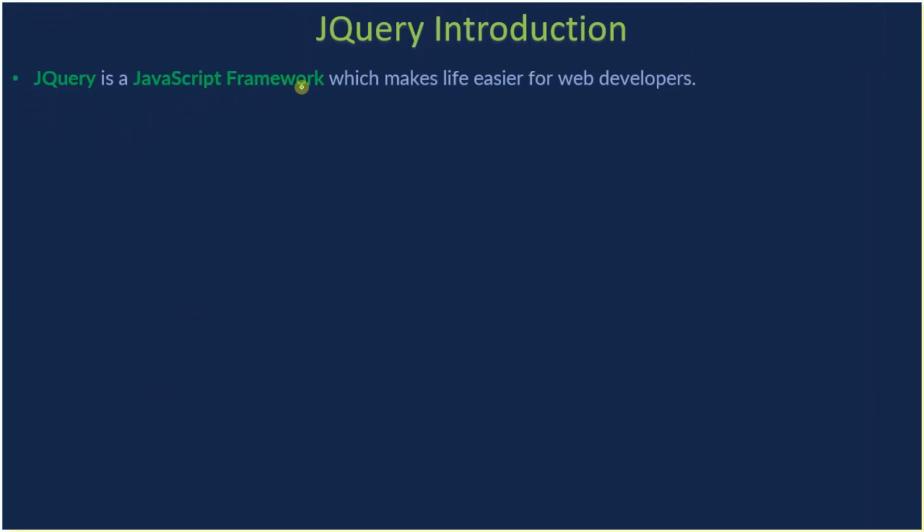jQuery is a JavaScript framework which makes life easier for web developers. That means whatever you can achieve using jQuery, you can achieve with simple JavaScript as well. Say for example you want to highlight specific elements in the HTML DOM.